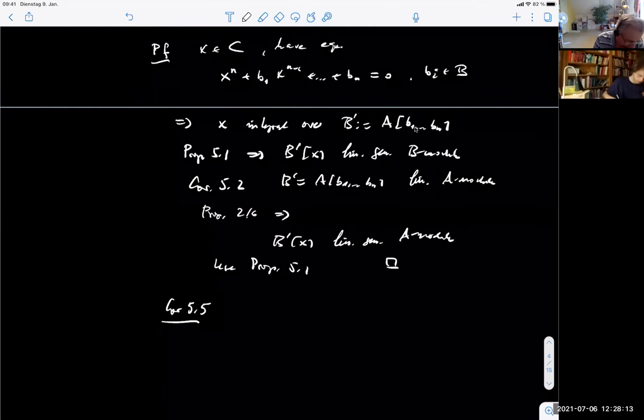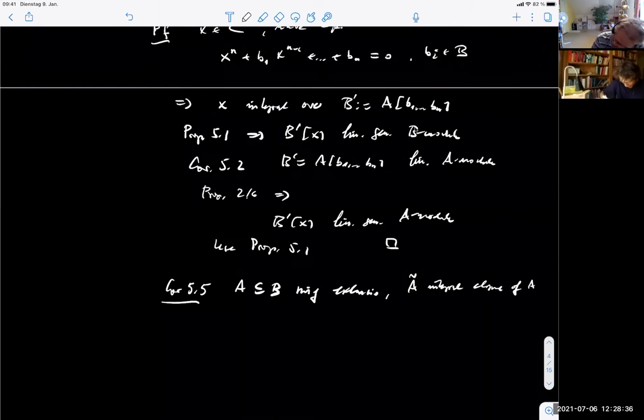It's a kind of a saturation property. So I have a ring extension, and then A tilde, A twiddle, is the integral closure of A in B. In B, as I said, it's a relative notion.